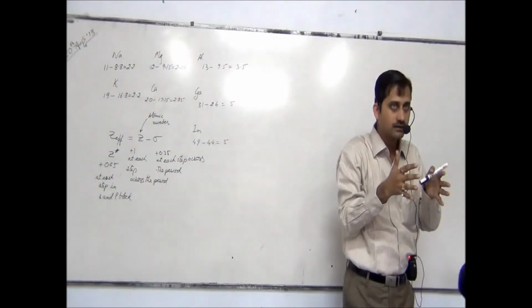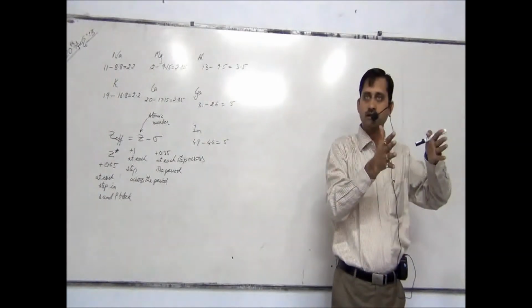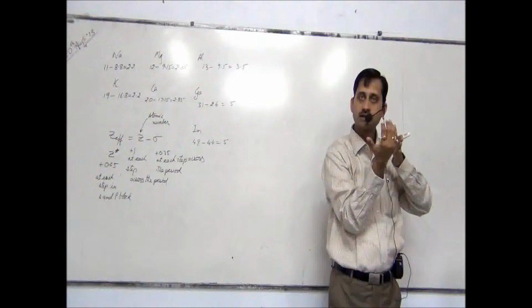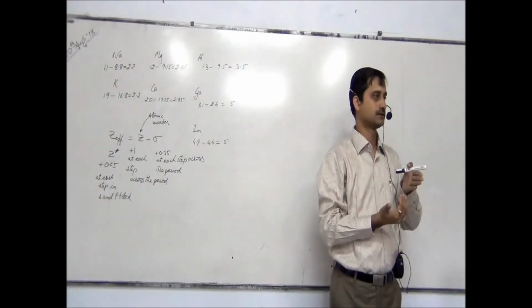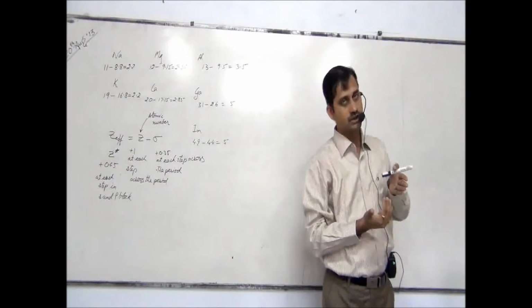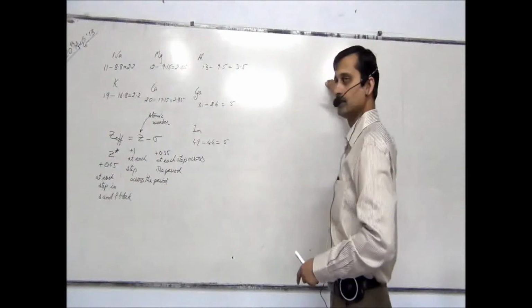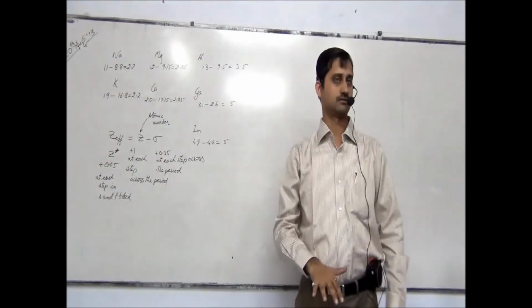Is it okay? So as we move across the period, the atom shrinks, that is, the atom becomes smaller in size. Is it okay? Ashwini, is that okay? So as we move across the period, the size of the atom decreases.